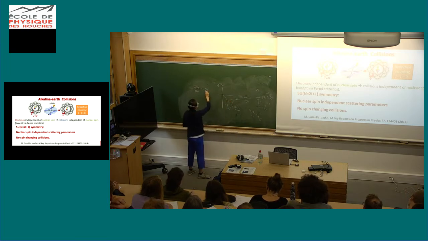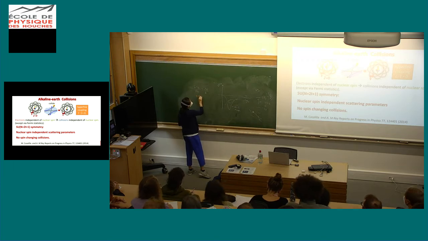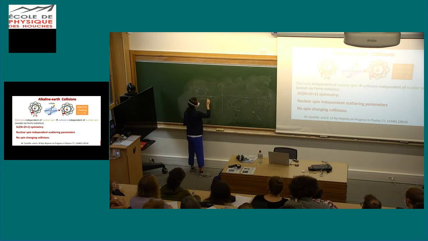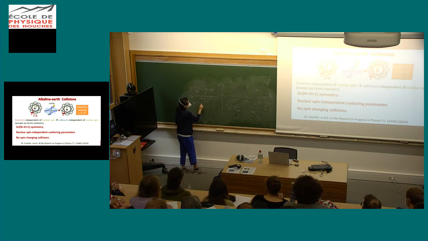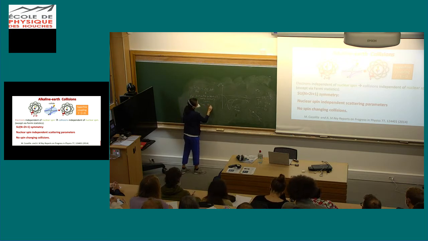So this delta V is the part of the potential that changes the nuclear spins, times delta T, where delta T is the time that particles spend in the short range region of the potential.